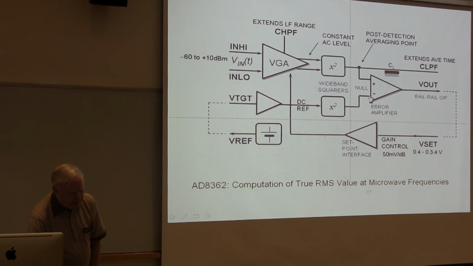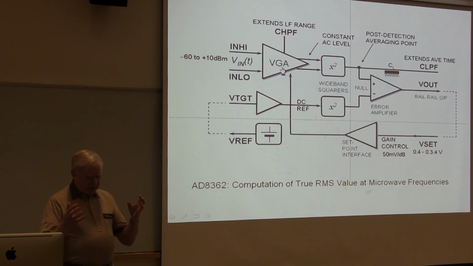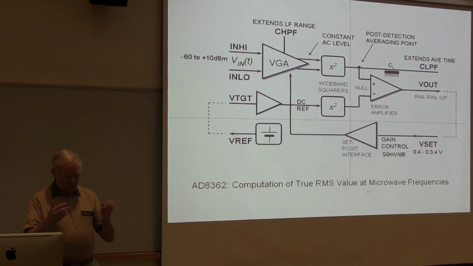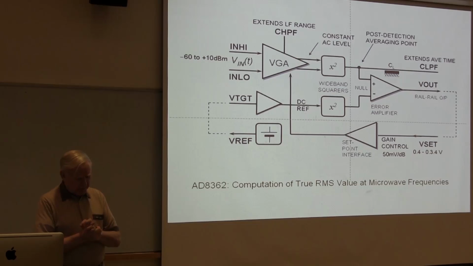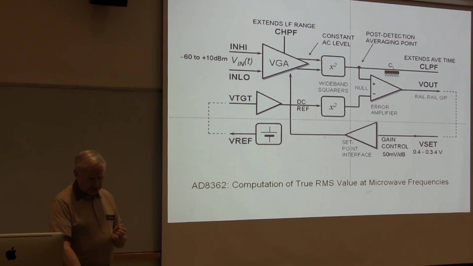And we integrate the error between the 2 and feed that back to set the gain. And really, it's kind of like AGC in a radio receiver, except it's a bit more sophisticated. And it does true RMS computation of signals up to microwave frequencies. These are real products, not just suggestions.